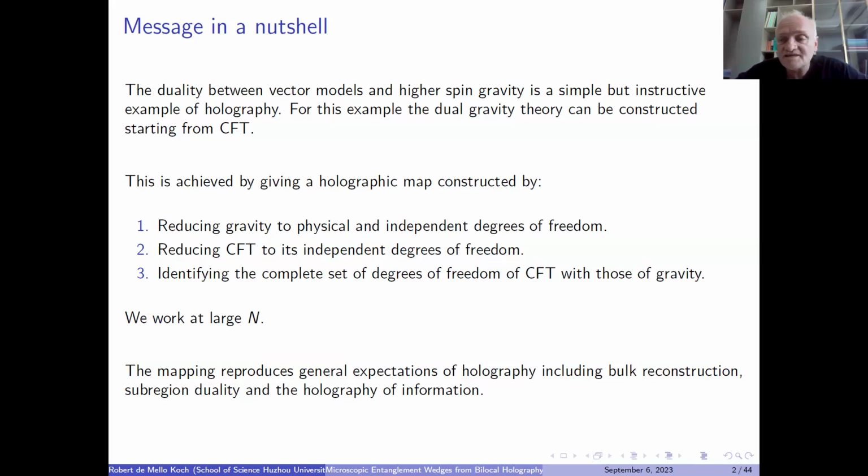The whole talk today is going to be at large N. Once we've got the mapping, we'll be able to see that it reproduces many of the general expectations that we have of holography. In particular, I'll show you that we get a valid bulk reconstruction. I'll demonstrate subregion duality, and I will discuss how the holography of information is realized.